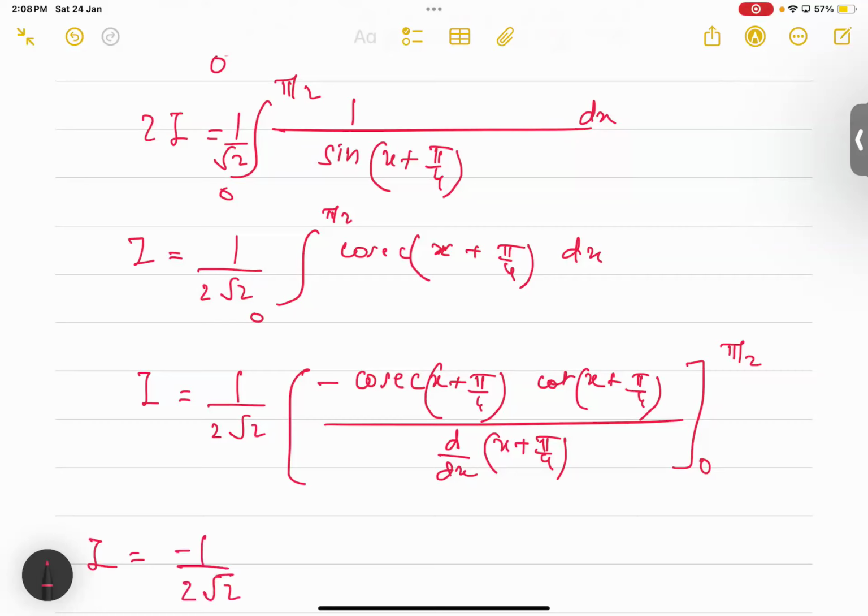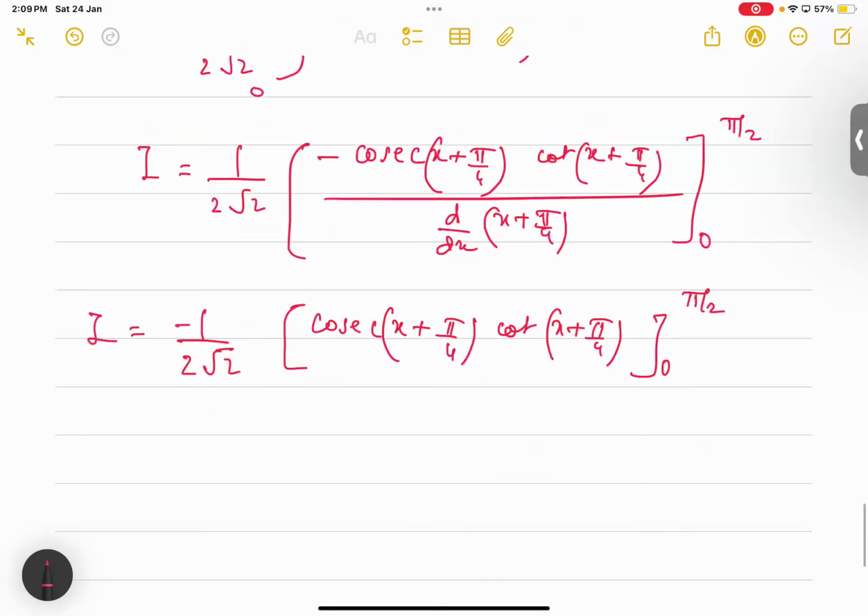So minus 1 into cosec of x plus pi by 4 cot of x plus pi by 4, from 0 to pi by 2. This is the simplified part. Now this is also a task.